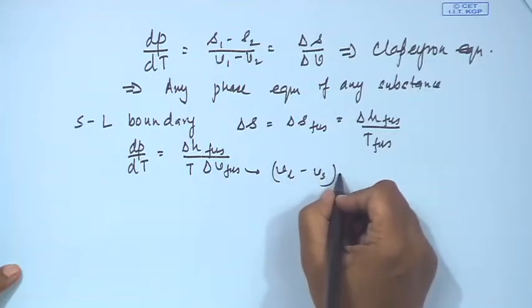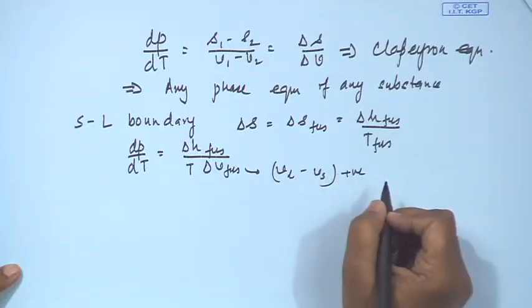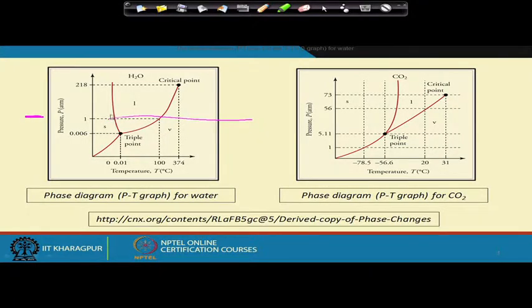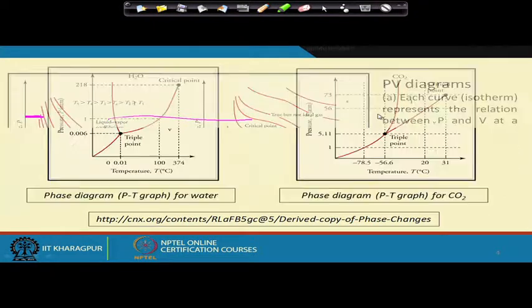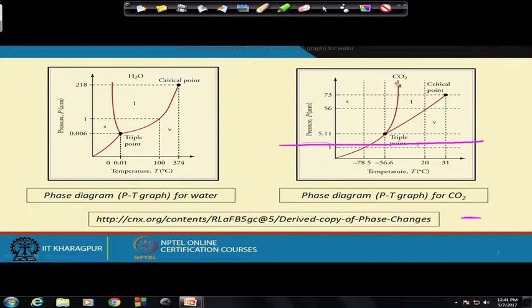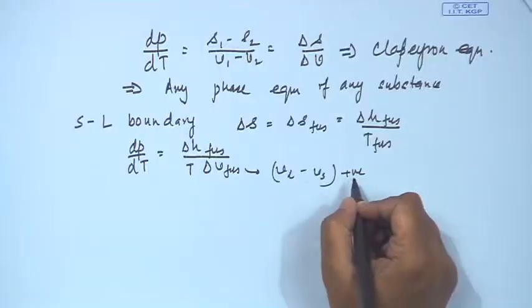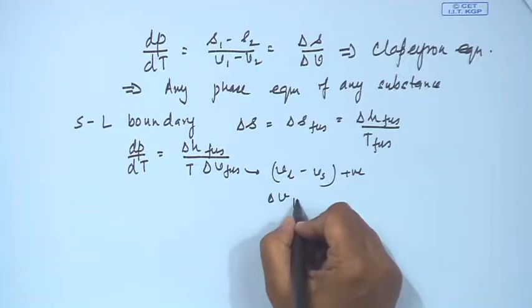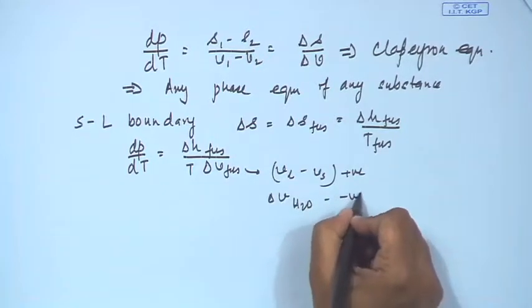For most of the substances, this is positive, and therefore, it is quite evident if you observe here, the slope of this particular curve is more or less positive. Now, very interestingly, if you observe water, then we know that delta V for water is going to be negative.